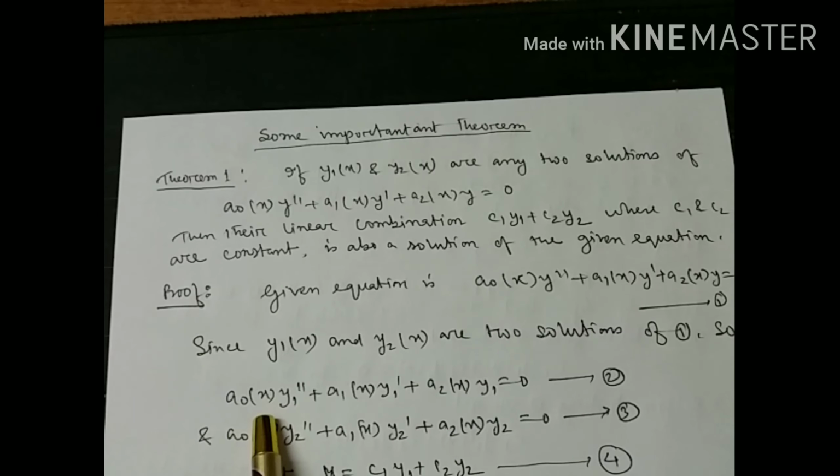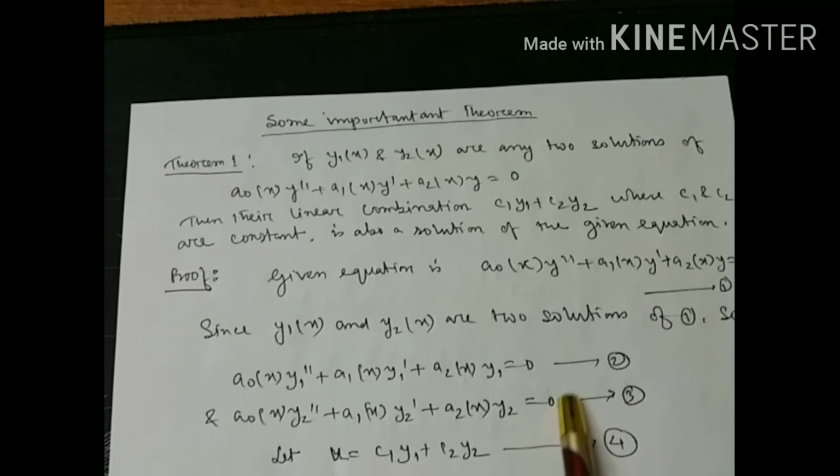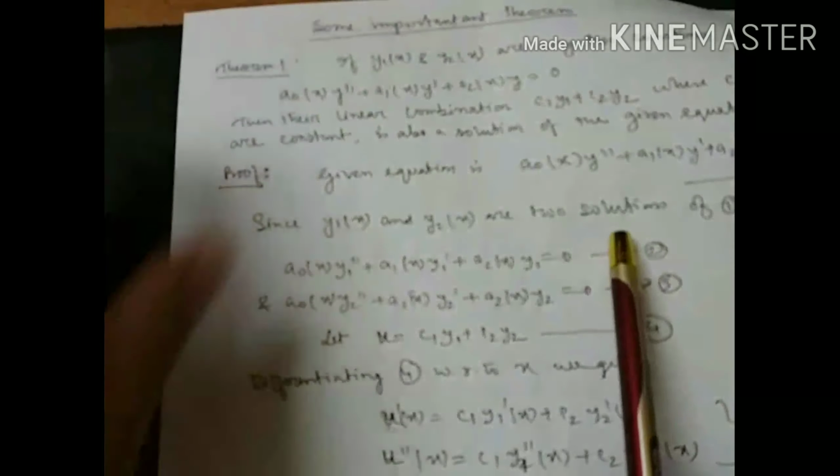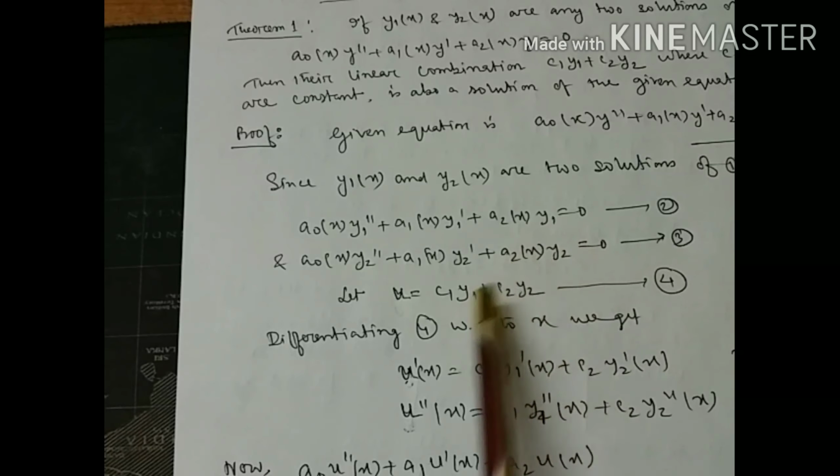So y1 is a solution, so it must satisfy this equation: a0(x) y1'' + a1(x) y1' + a2(x) y1 = 0. Similarly for y2. So both are solutions, so both satisfy the given equation.